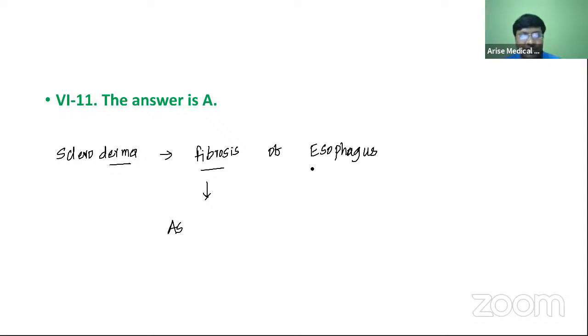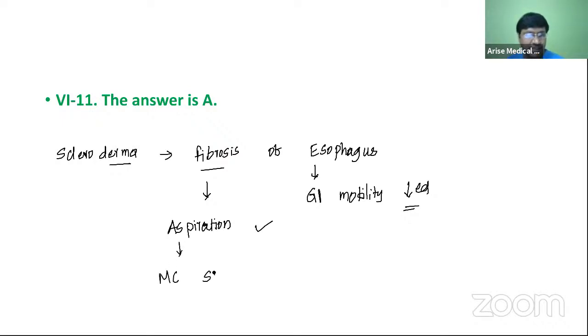With fibrosis of the esophagus, GI motility will be reduced, so there is a high chance of aspiration. So what is the most common site for aspiration? The most common site for aspiration is the right lower lobe.